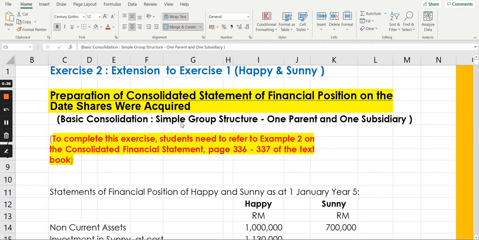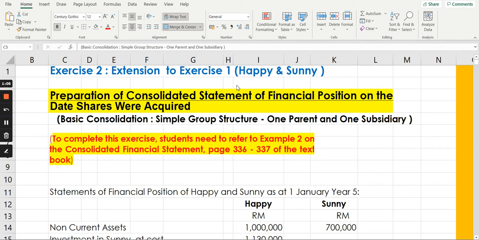This is actually an introductory course to consolidated financial statements, and we're going to start by doing the consolidated statement of financial position. Before this, in my first video on the same company, Happy and Sunny, I had already prepared their financial statements right after the acquisition of shares.